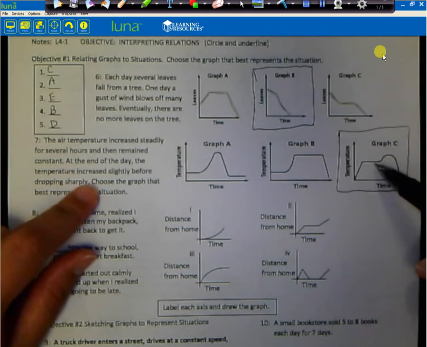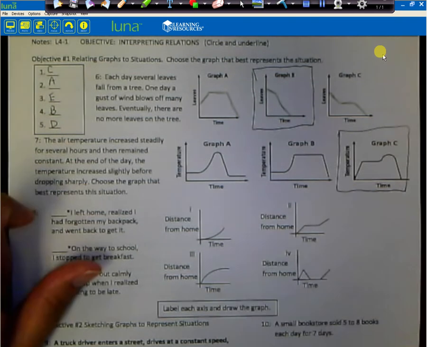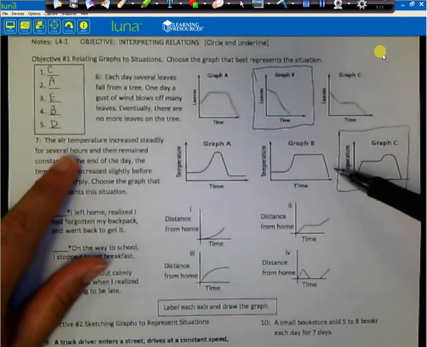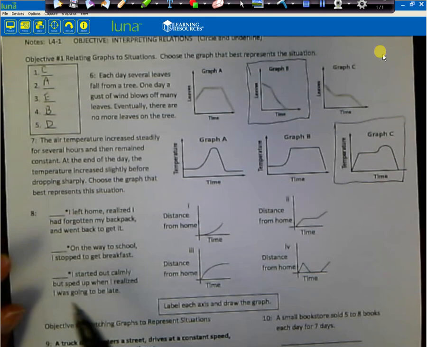Then it says it increased slightly, and then it dropped sharply. So that's why it is graph C. Graph B would not be it, because it doesn't talk anywhere here. It just says it stays the same and then it dropped. In our story over here, it said that it increased steadily and then dropped sharply.